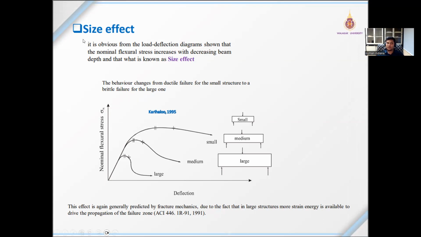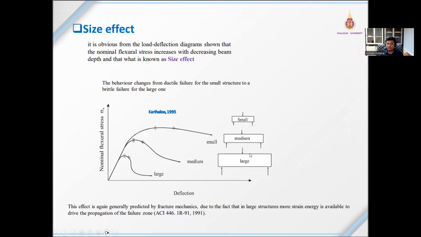So this we call a size effect. As the load increases, the larger specimens will show the minimum deflection, and also the flexural strength will be less as the specimen is large. If you consider this larger specimen, it will break with a lower flexural strength.